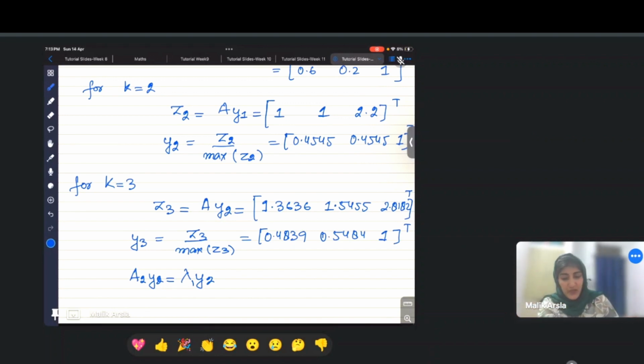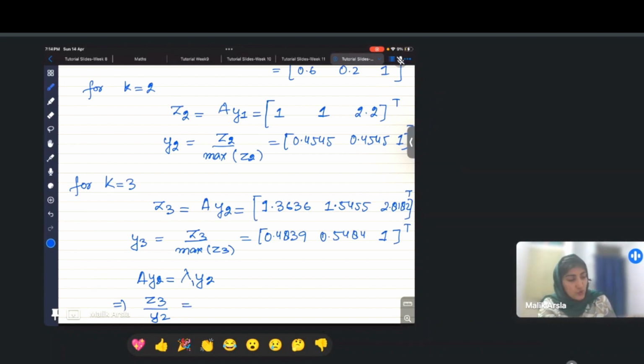So AY2 is basically Z3 and this is Y2. So you basically have to divide every entry of Z3 by every entry of Y2 so that the ratio of each of the entries will be equal to the eigenvalue, which should be the same.